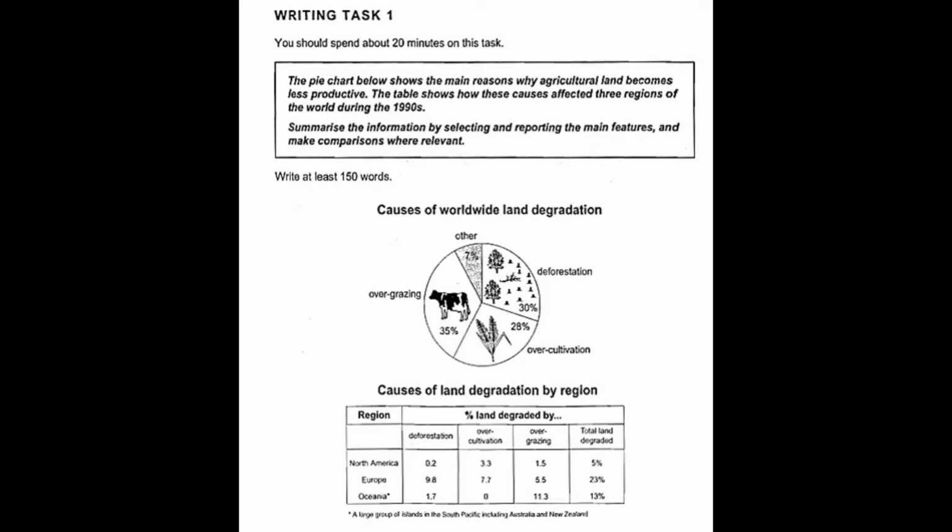The table shows how these causes affected three regions of the world during the 1990s. Summarize the information by selecting and reporting the main features and make comparisons where relevant. You need to write at least 150 words and you're going to have 20 minutes.